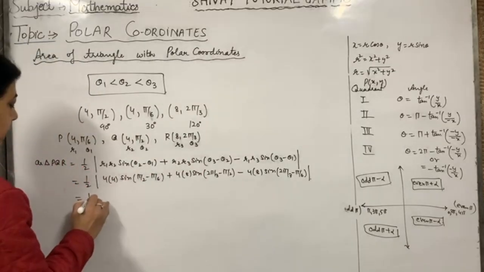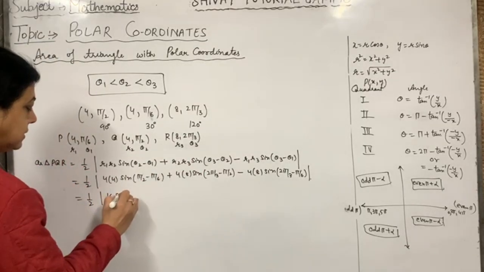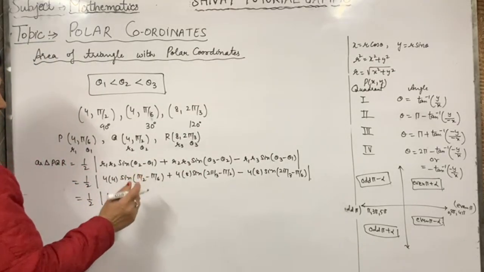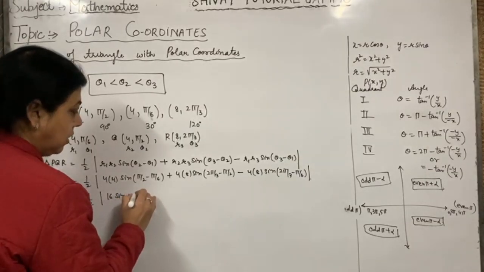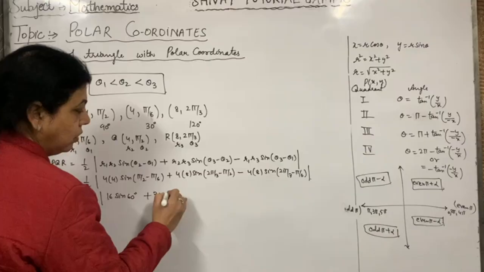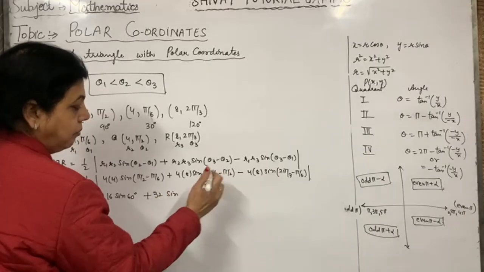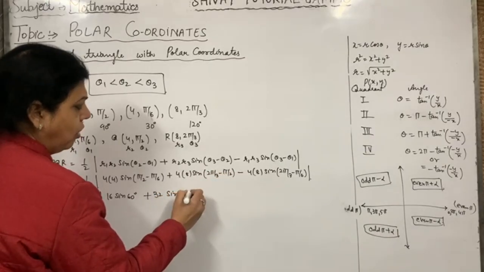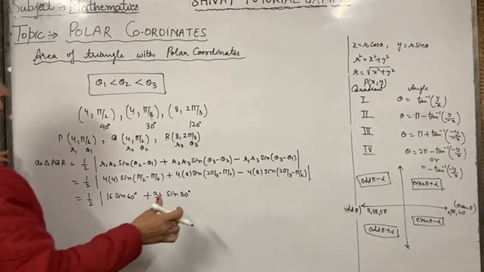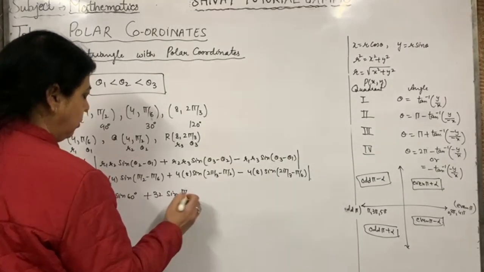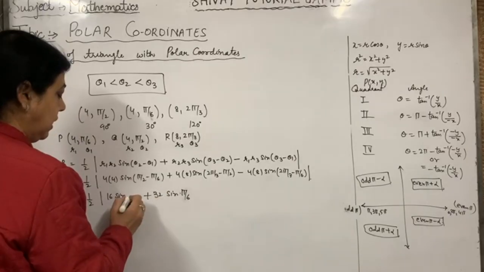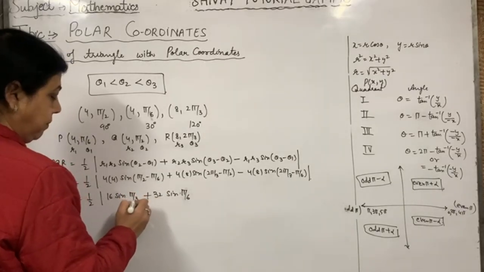This will be 16 sin of 90 minus 30, that is 60 degrees, plus 32 sin of 120 minus 90, that is 30 degrees, or we can write it as pi by 6. You can take the LCM also, you will get the same answer. Clear? This is pi by 3.